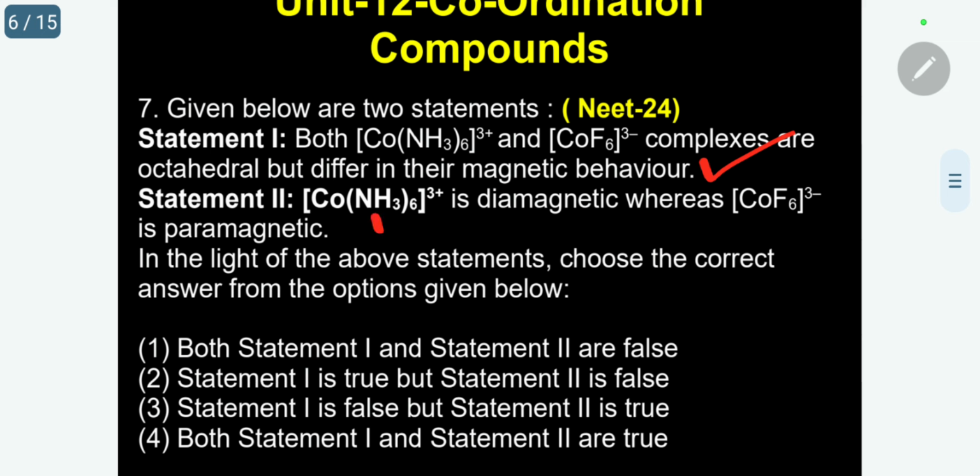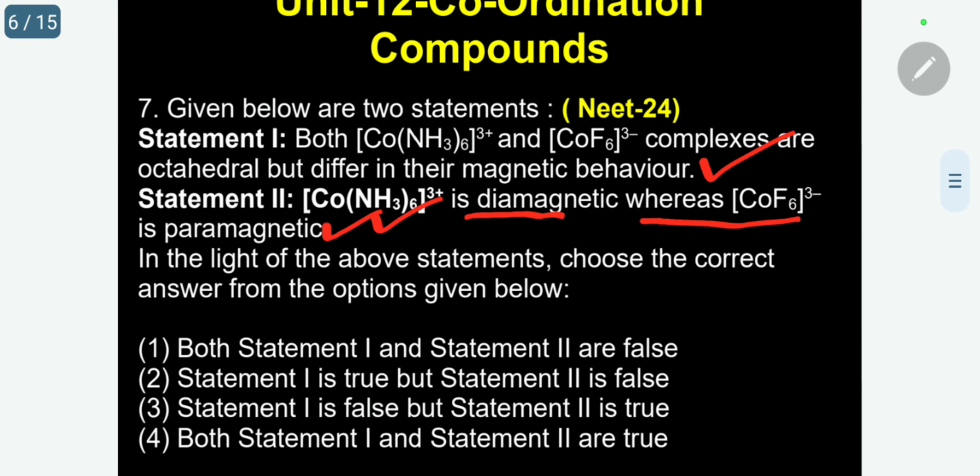Statement 2: Co(NH3)6 3+ is diamagnetic, whereas CoF6 3- is paramagnetic. In the light of the above statements, choose the correct answer from the options given below.